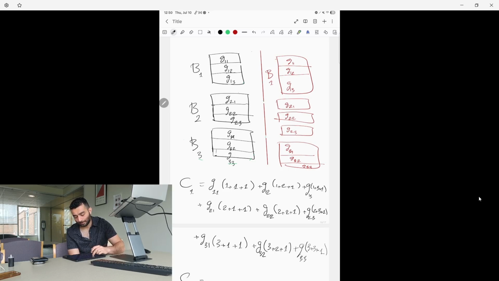is less than 0, so we want to pull it back when G3 1 plus G3 2 plus G3 3 is less than. Actually, B3 is less than B1, B2, sorry.